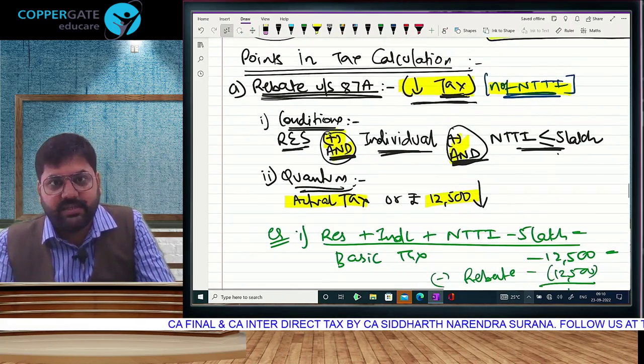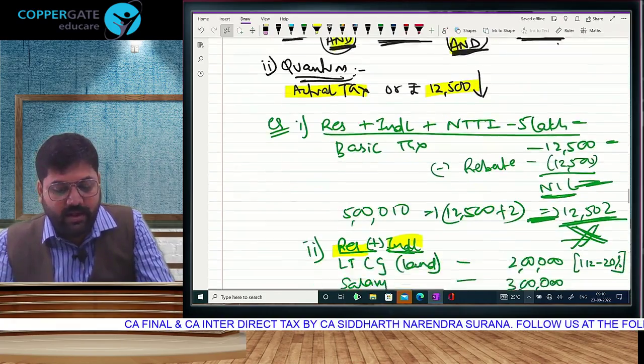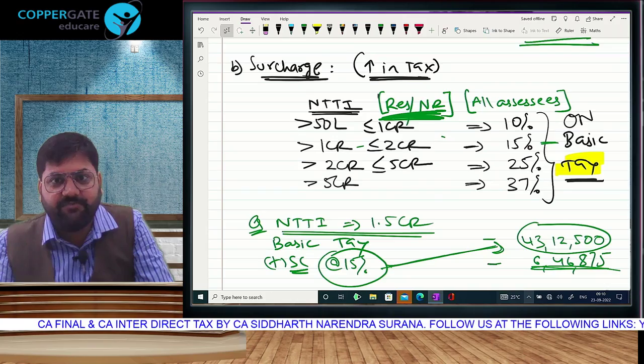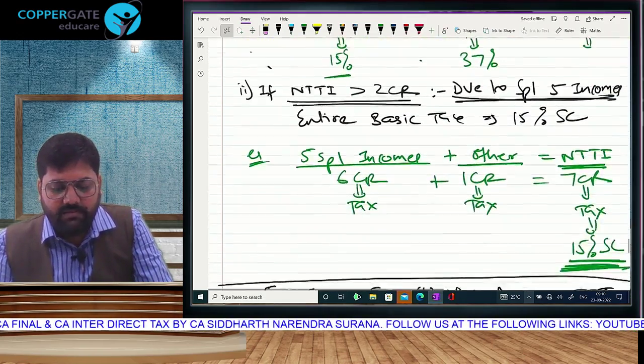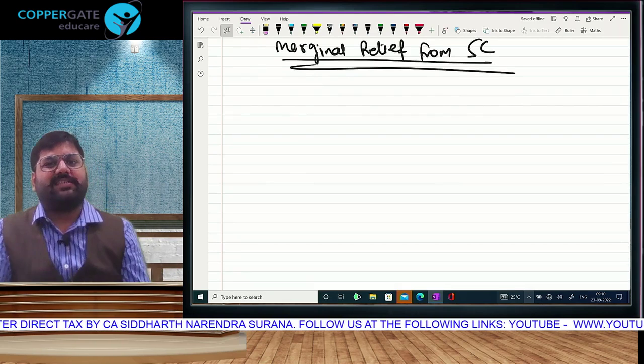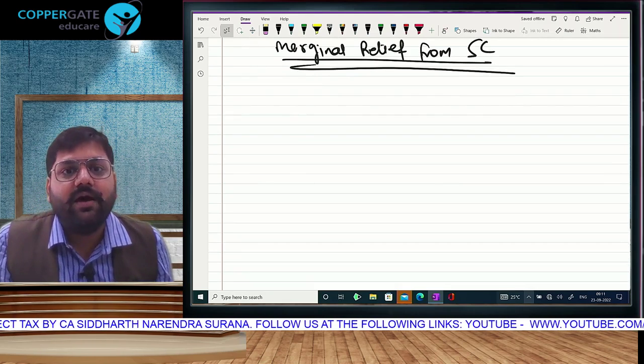This will undergo changes. We studied the concept of rebate, and almost for the entire class surcharge is going on, because within surcharge a lot of complications have been introduced, which is still not over. After marginal relief, surcharge will get over. Then there is one last concept called assessee. We do that and we are done.